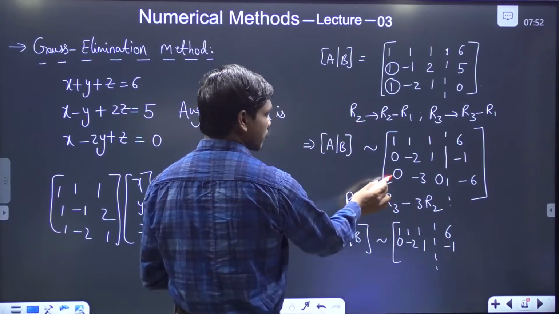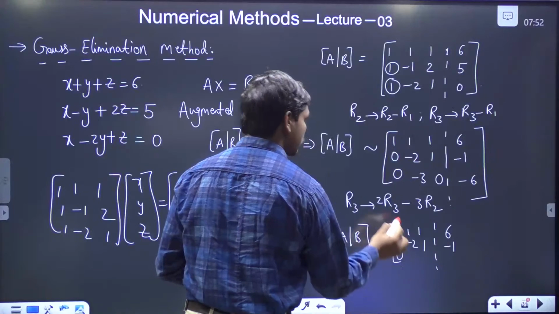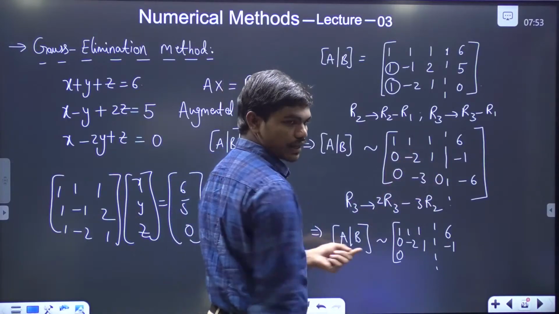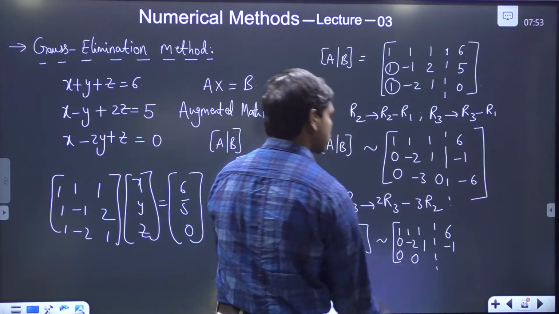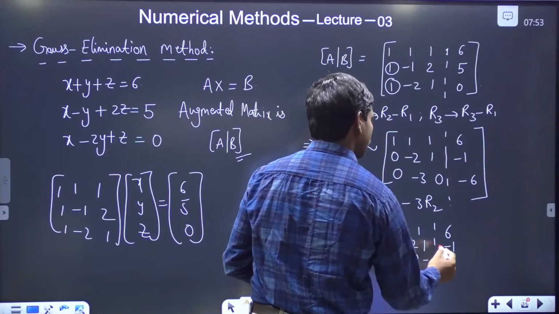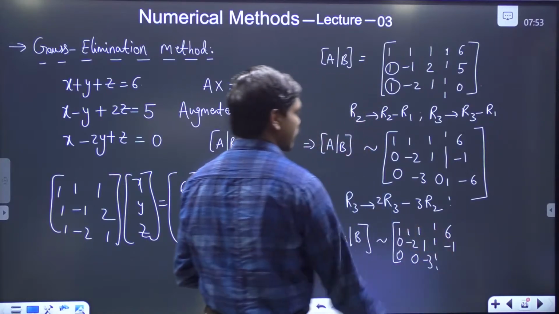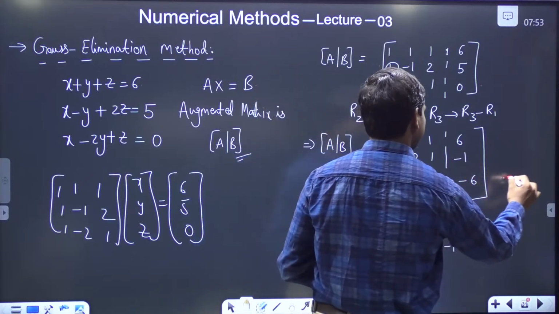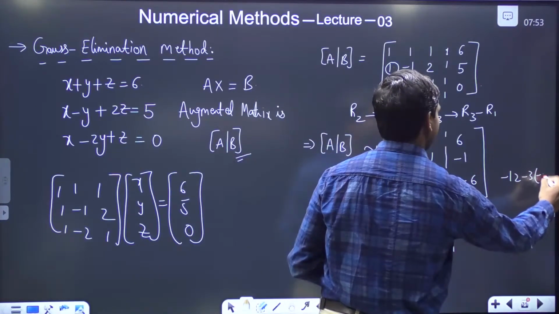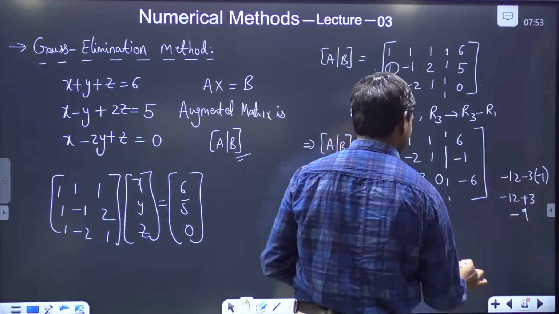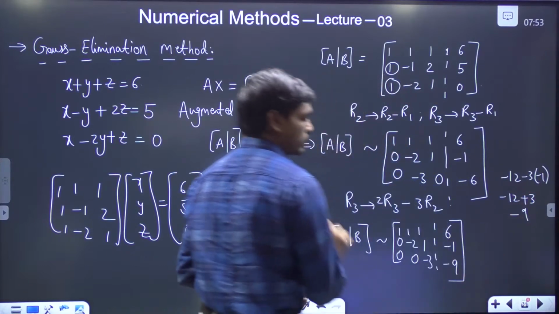Now 2 times R3 minus 3 times R2, it's 0. 2 times minus 6 minus of minus 6, so minus 6 plus 6, this is 0. Next 2R3 minus 3R2, which is minus 3. This is what we have. Next here, 2R3 means 2 into minus 6, minus 12, minus 3 into minus 1. So minus 12 plus 3, which is minus 9. So this is what you have, correct?